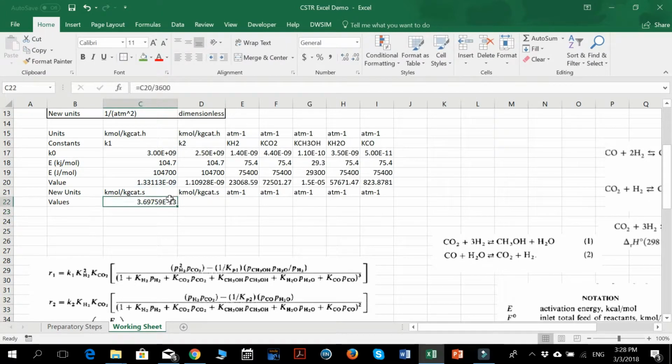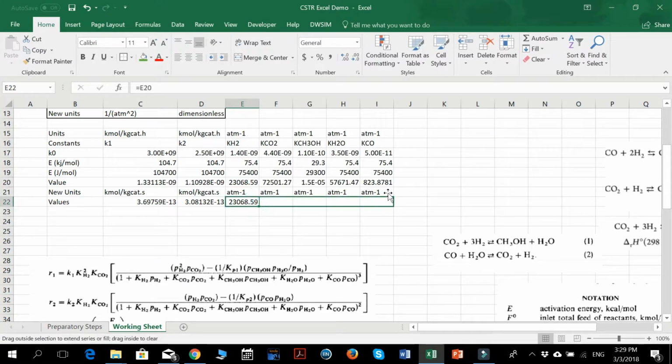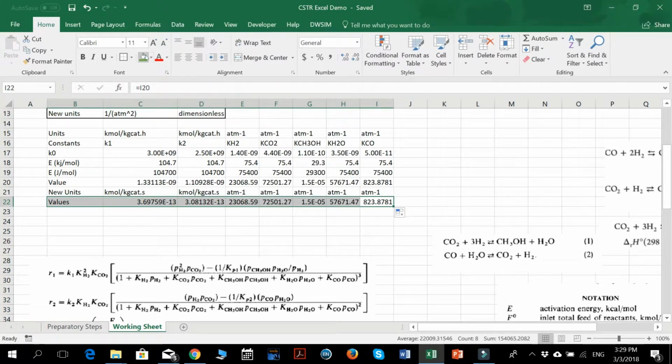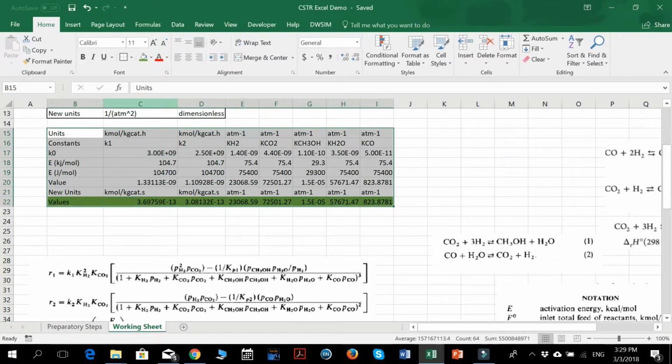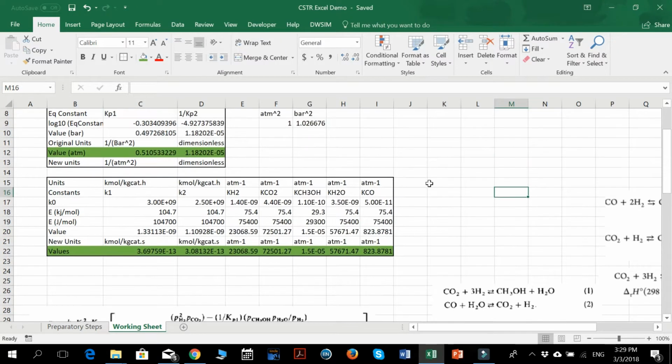That will give me a per second basis for both of these, and for the rest I don't change anything, so I'm just going to put the equal sign down there and get everything like that. So for the last row, these are the values I want. I'm going to highlight them in green again, and I'm going to get my values right.